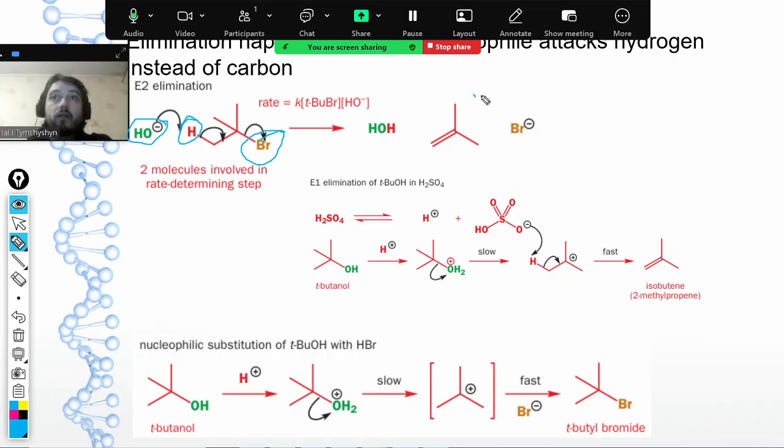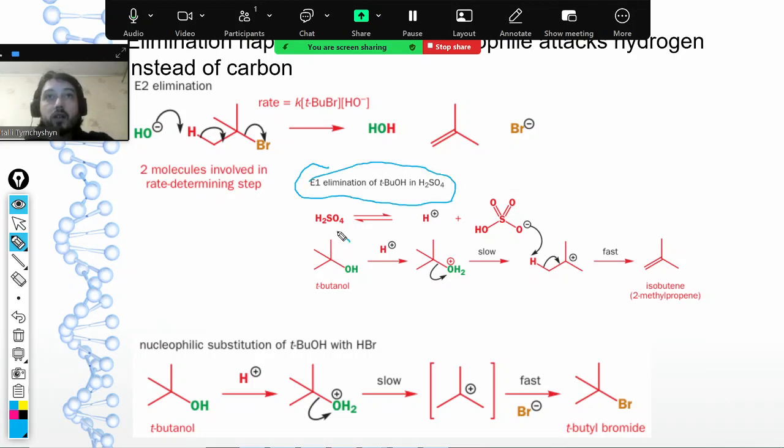Here we have eliminated bromine from this molecule. This reaction is second order, so its rate depends on the concentration of the tert-butyl bromide and the OH groups. In contrast, we can have E1 elimination.